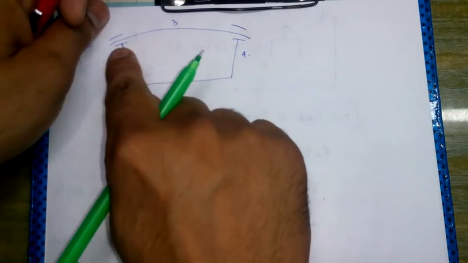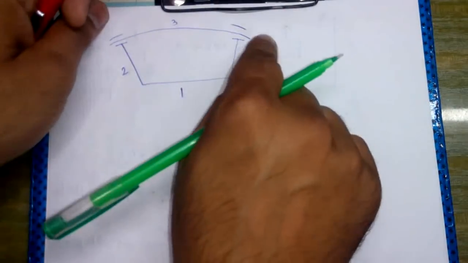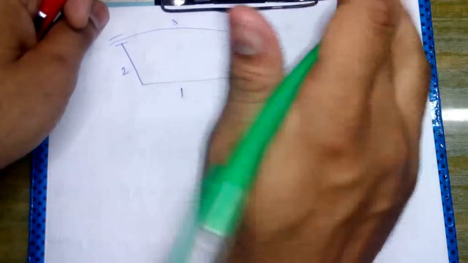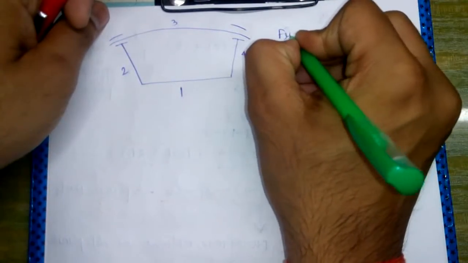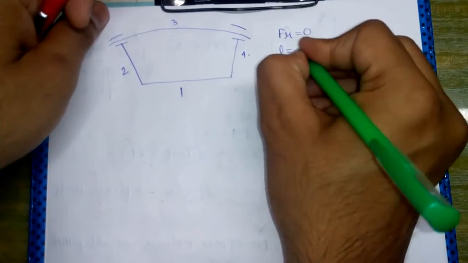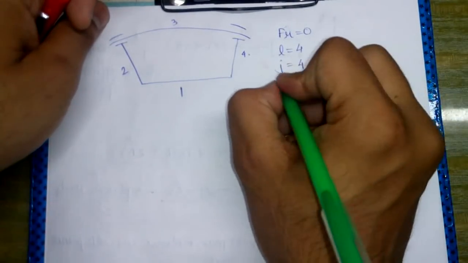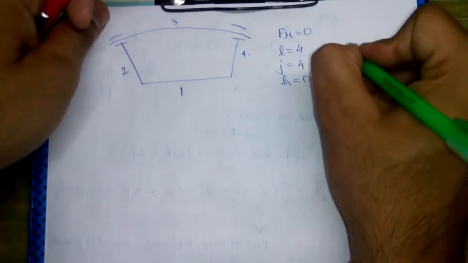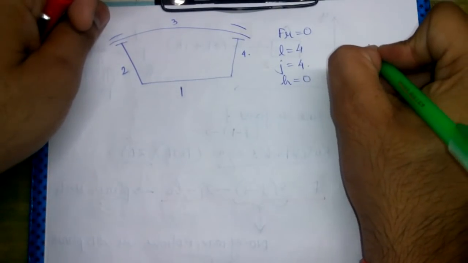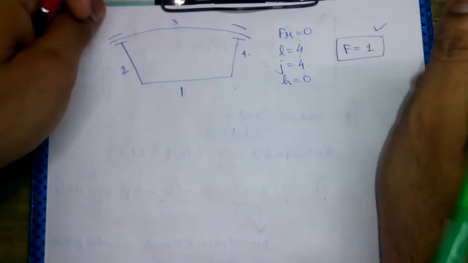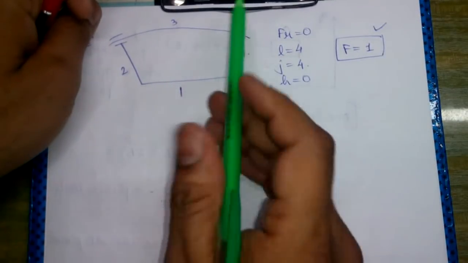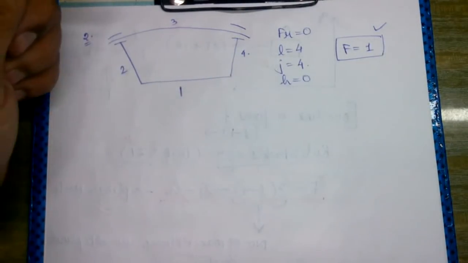Now we see that link 3 cannot be moved independently in this groove. So FR actually becomes 0. Number of links is 4. Number of binary joints is 4. Higher joints is 0. So if you calculate the degree of freedom, it would come out to be 1. So in this case, link 3 cannot be moved independently in this groove.